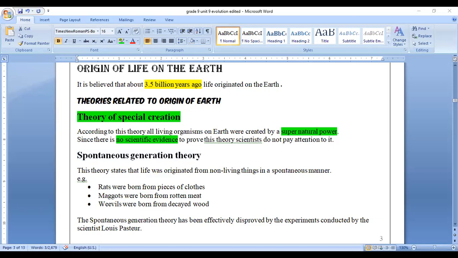In this theory, they believed sand becomes crocodile, mud becomes frog, and dirty clothes become rats. Flesh becomes maggots. Maggots mean the white larval stages of the housefly.